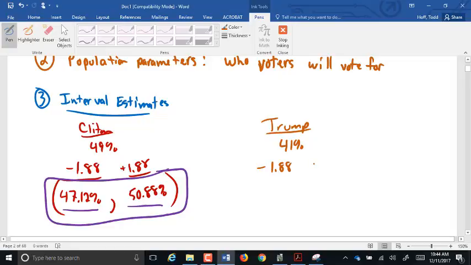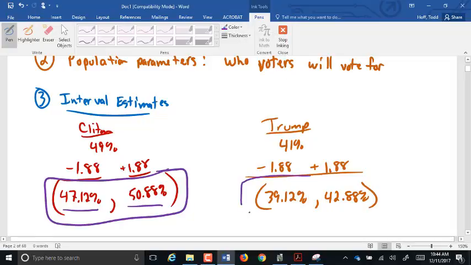Perfect. 41 minus 1.88 and 41 plus 1.88. And we get that range from 39.12 to 42.88.